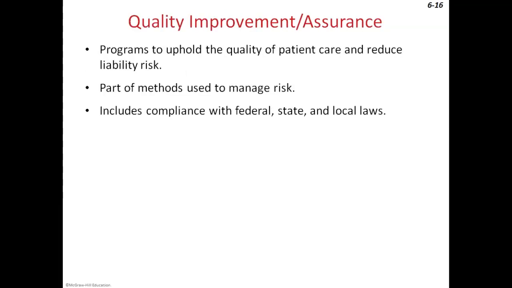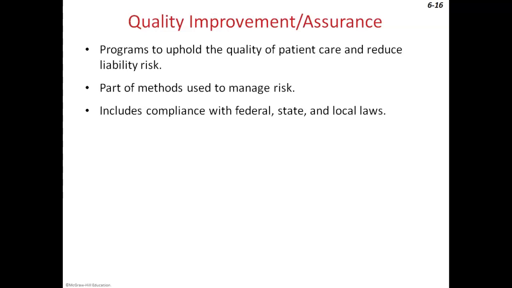Quality improvement and quality assurance are programs used to uphold the quality of patient care and reduce liability risk. Quality improvement plans usually involve the same process in healthcare as anywhere else. First, you want to identify the areas where improvement is needed. Second, determine which data to collect to find out if improvement has been achieved.